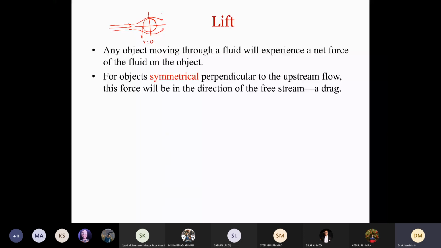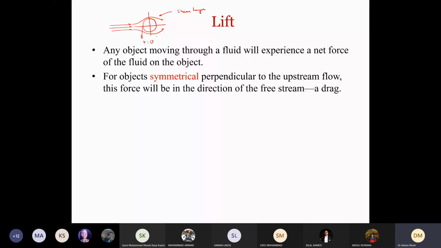The path that this fluid particle is following is also called the shear layer. So the strength of the shear layer above the circular cylinder and the strength of the shear layer below the circular cylinder is the same.